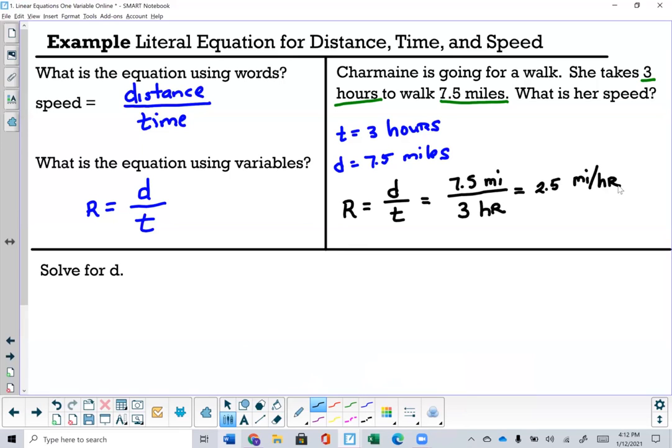That's one way you could write it. You can also write it as 2.5 miles per hour. MPH stands for miles per hour. And that's a common way to abbreviate miles divided by hours, or miles per hour.